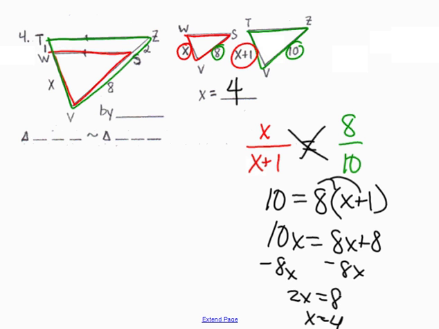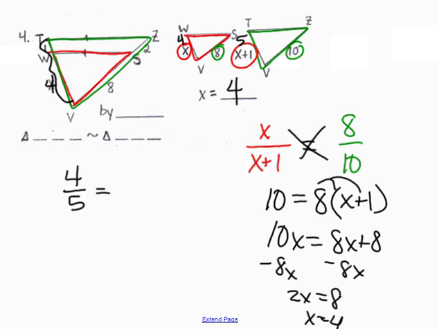So now I can figure out if these are similar by plugging x into the problem. This whole side is going to be 5, and this is 4. Okay, so now we can see if those triangles are similar. So I'm going to say 4 is to 5.